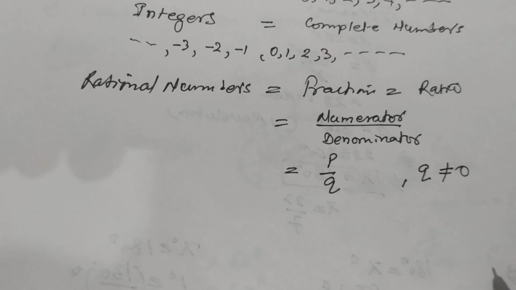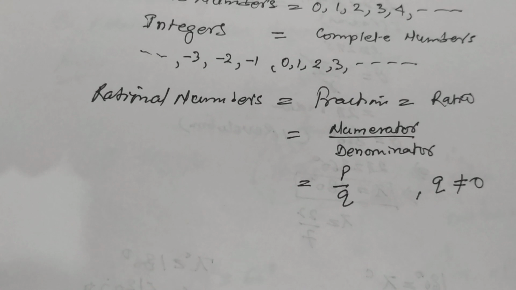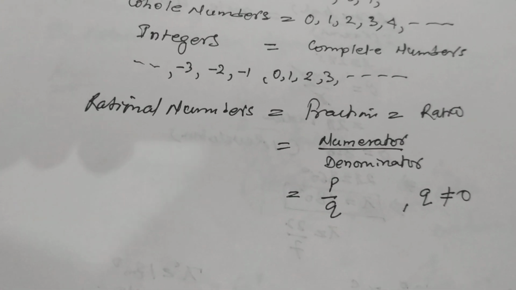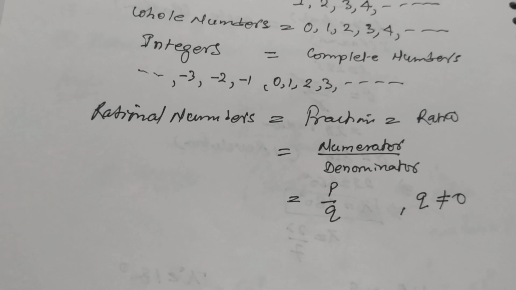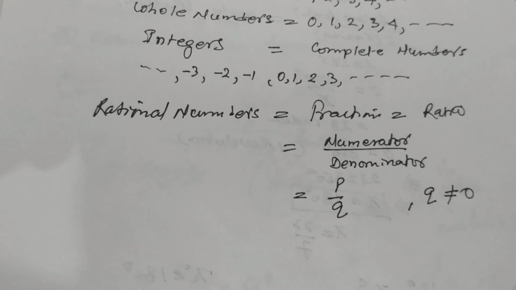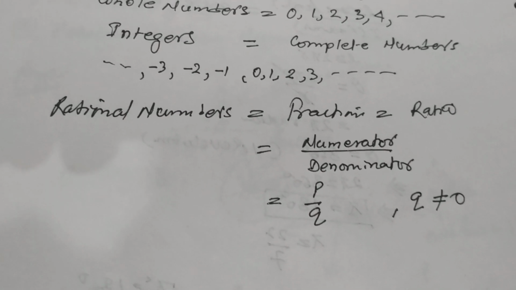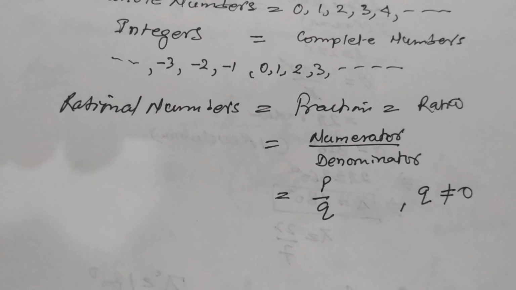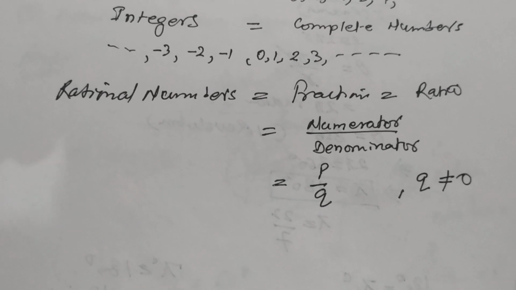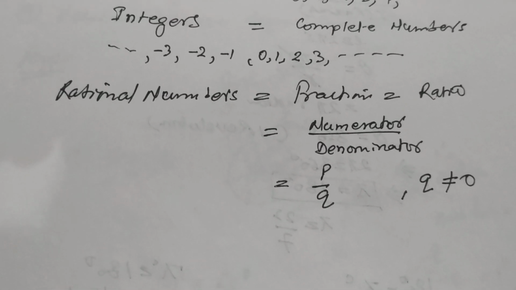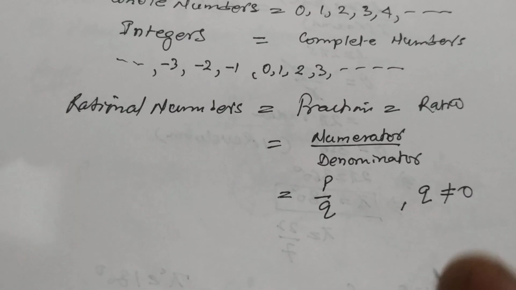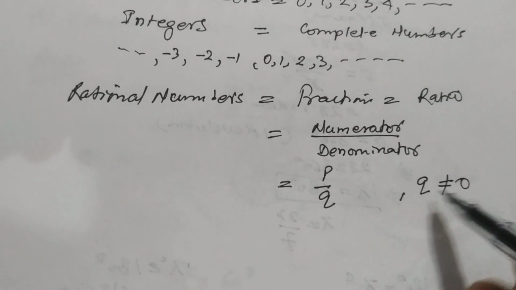In class 9th, and in higher classes, we will study why this is not equal to 0. So the rational numbers are the numbers which can be written in the form of fractions, that means P upon Q form, where Q is not equal to 0. I hope this is understood.